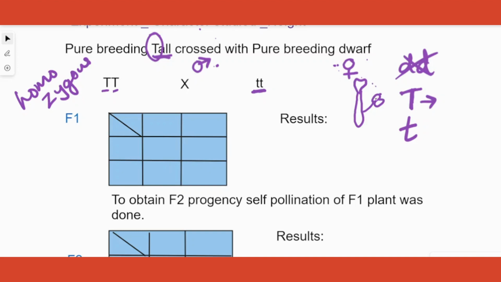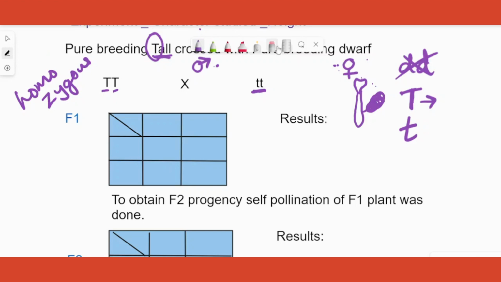So in order to prevent that, what he did was he removed the anthers of the female plant, and that is called emasculation. So that also, just for your information, you should know. Alright, so how is the crossing done? Crossing is done by dusting the pollen grain from the plant we are going to consider as male onto the stigma of the female plant. That's what it is.